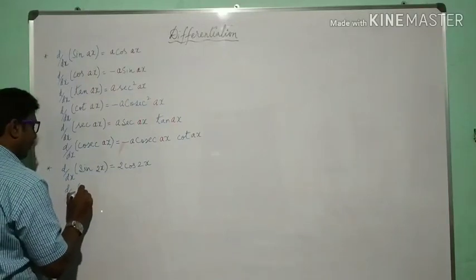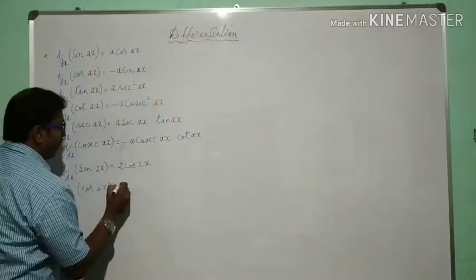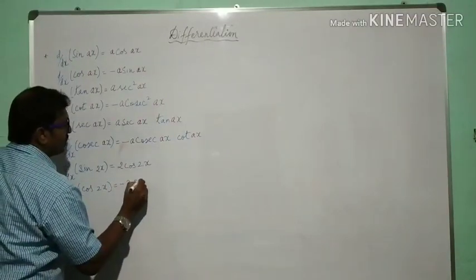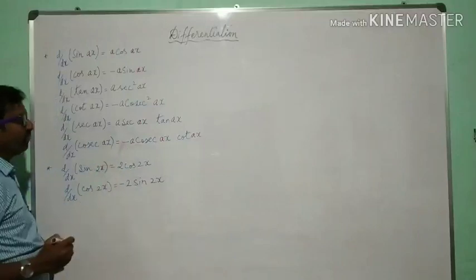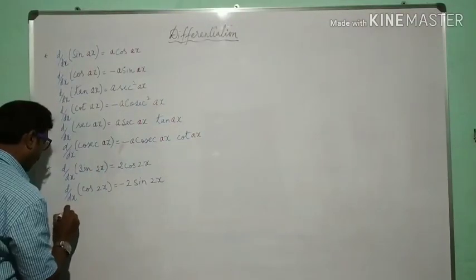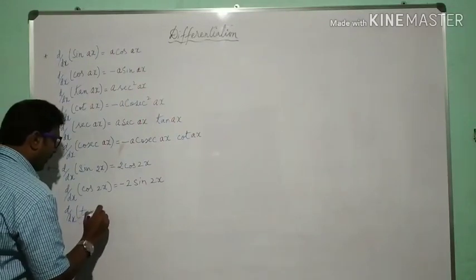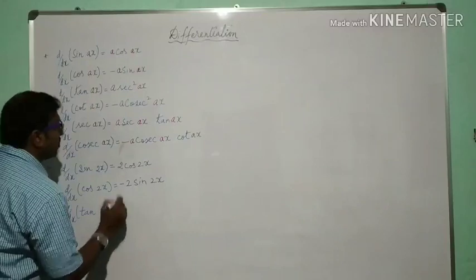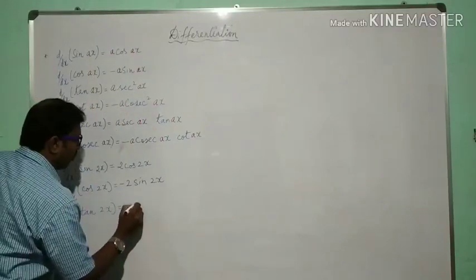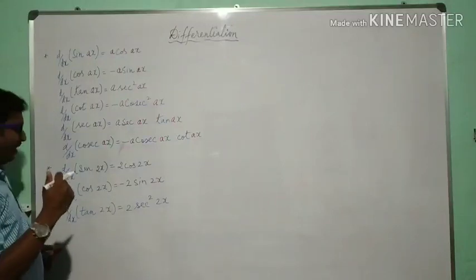Derivative of cos 2x is minus 2 sin 2x. Just replace all the a by 2. D by dx of tan 2x is 2 secant square 2x. And let's take 3.